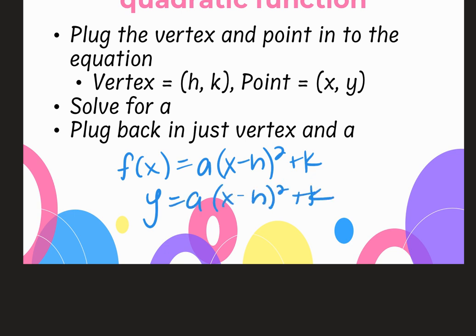So your answer is going to have a value where A is, a value where H is, and a value where K is. To get there, we're going to plug in the HK, the XY. The unknown will be your A. We'll solve for that A, and then we'll plug those 3 pieces of information back in.